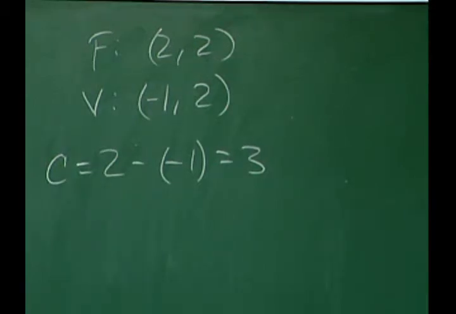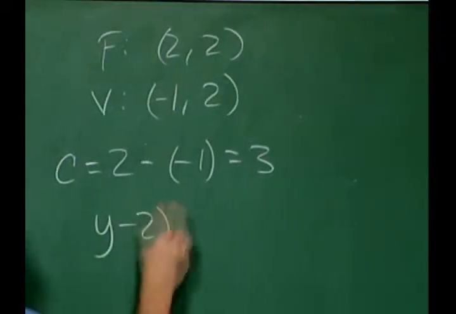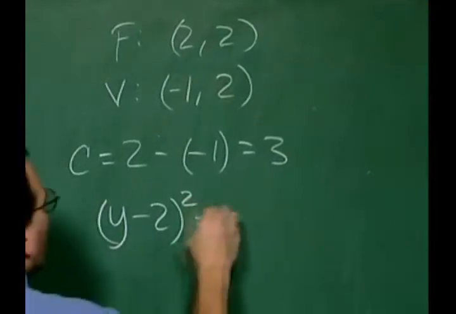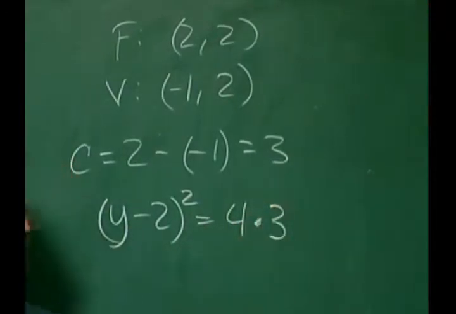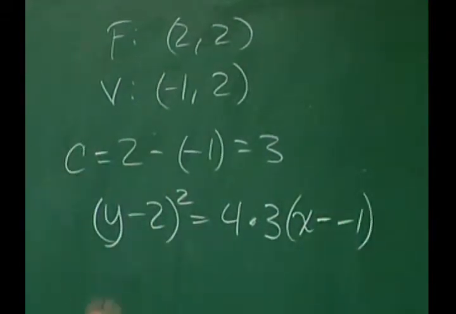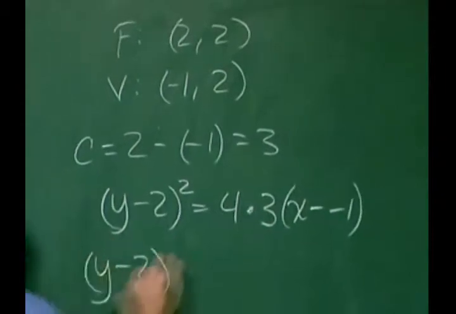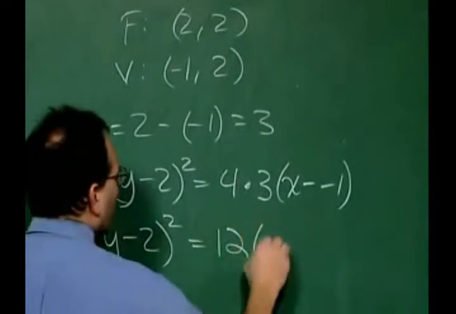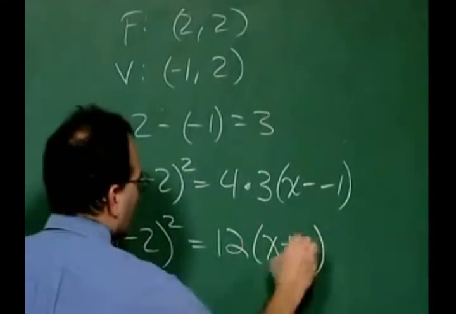The equation of the parabola then would be (y − 2)² = 4c(x − (−1)). So simplifying that a little bit, we get (y − 2)² = 12(x + 1).